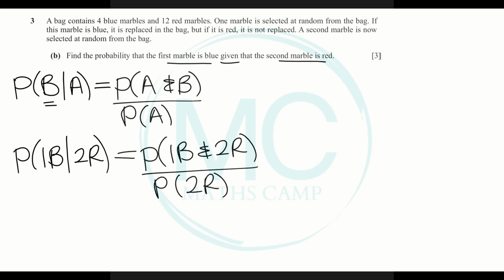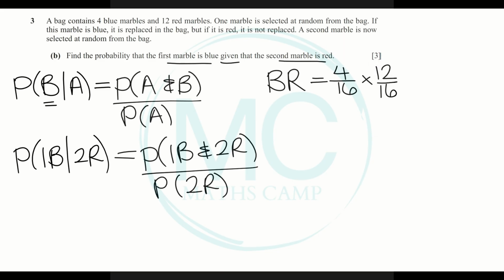Let's start with the probability that the first marble is blue and the second marble is red. The only way that this can happen is if we draw a blue marble first and a red marble second. We know the probability of drawing blue marble first, 4 over 16, and drawing a red marble second has to be 12 over 16.